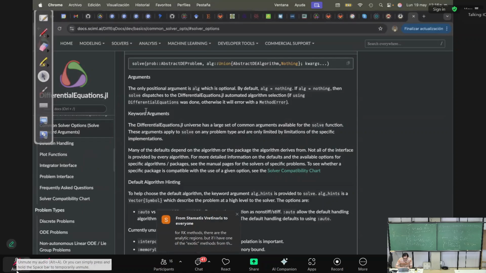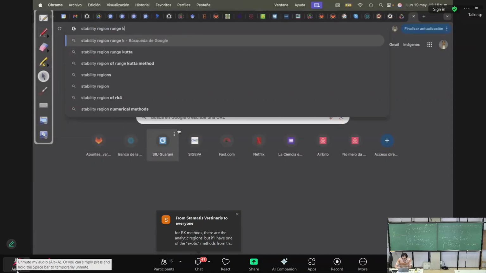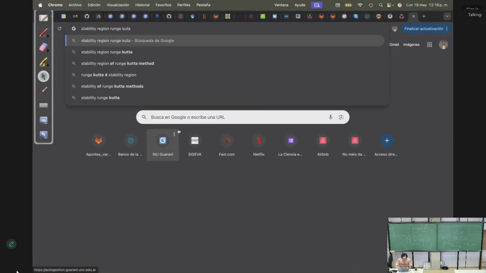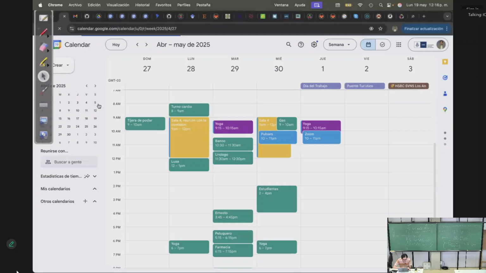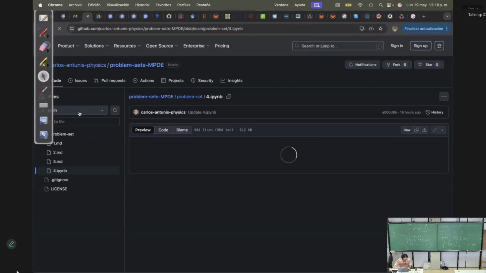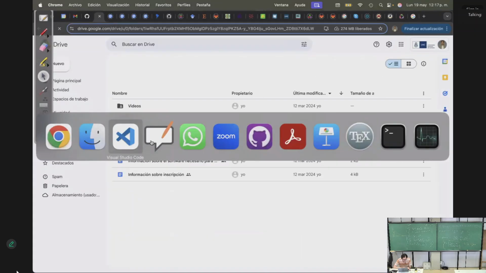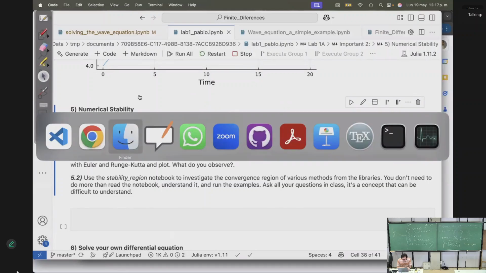Here you can try to see. Let me see if I can find it here, because this is what we were seeing actually in the previous notebook.